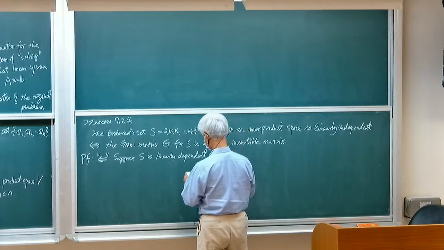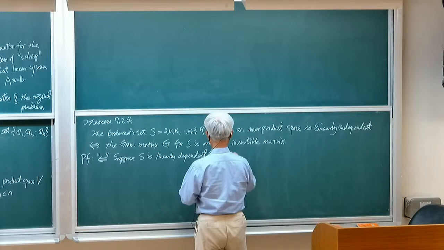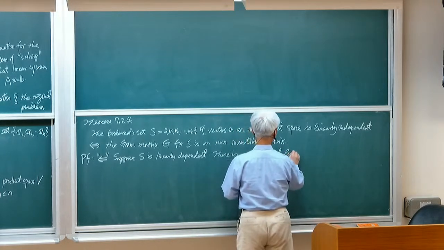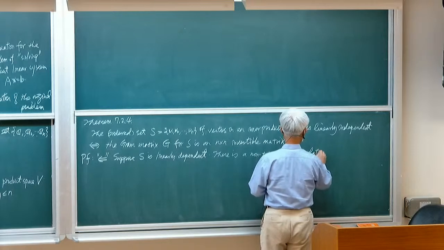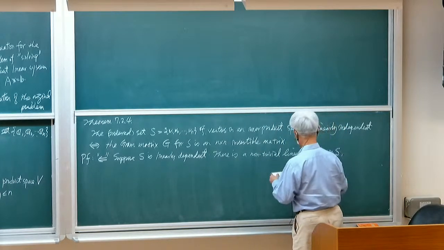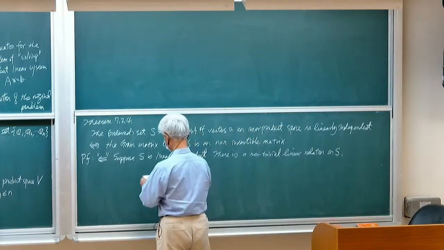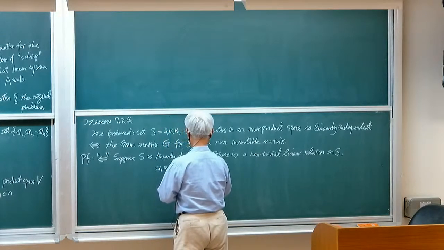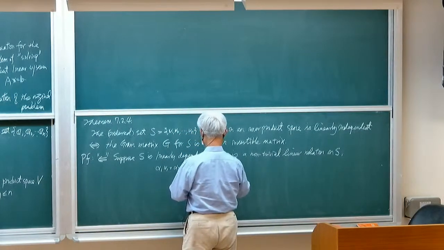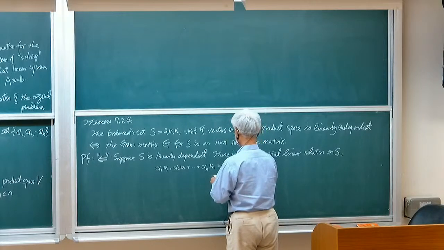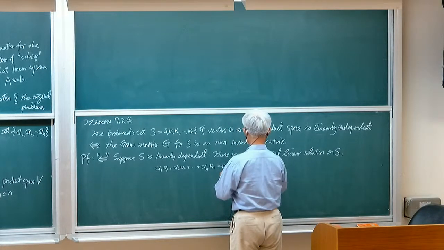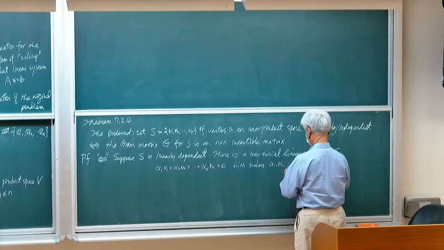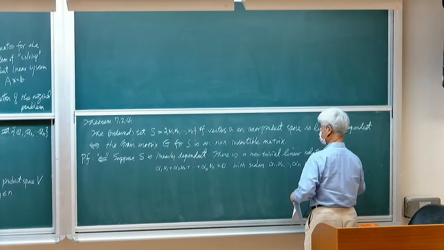Then there is a non-trivial linear relation on S, such that alpha 1 V1 plus alpha 2 V2 plus ... plus alpha n Vn equals the zero vector, with scalars alpha 1, alpha 2, up to alpha n not all zeros.